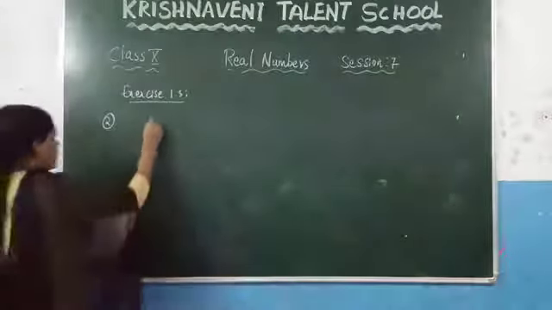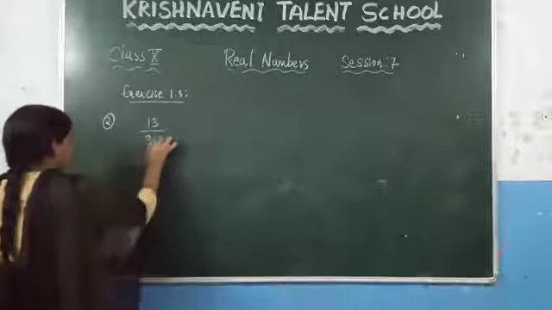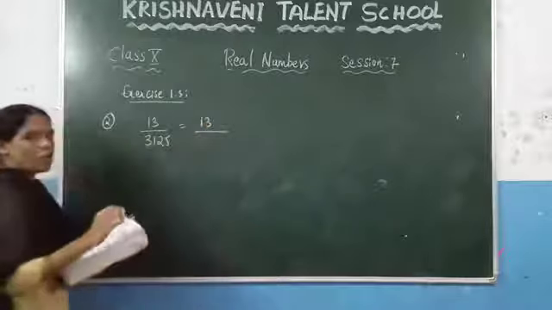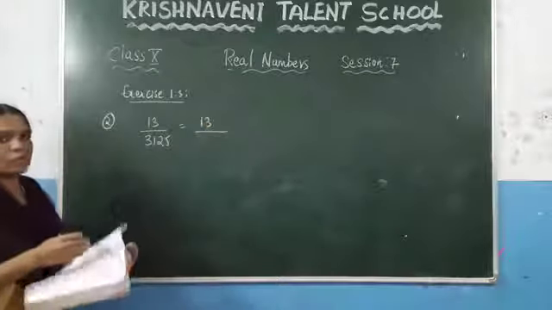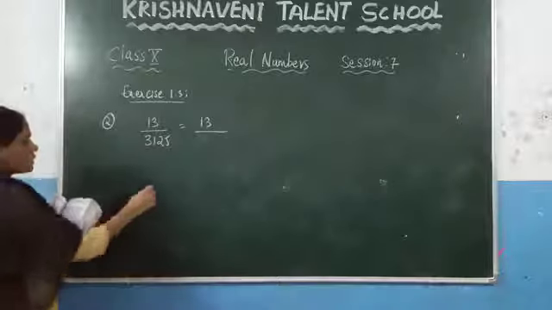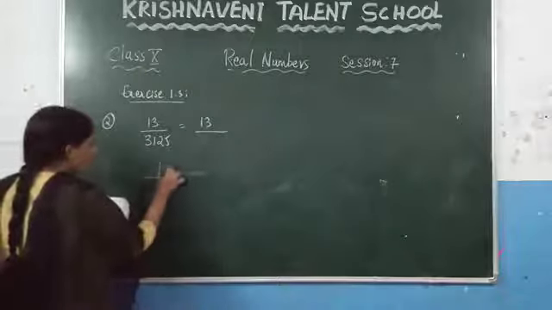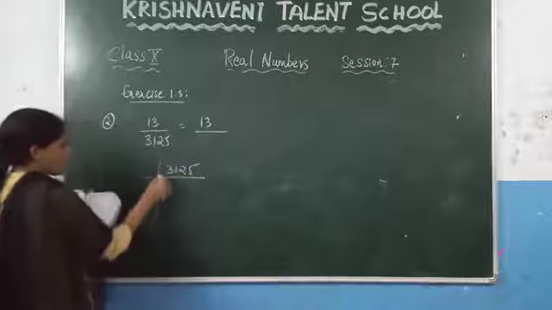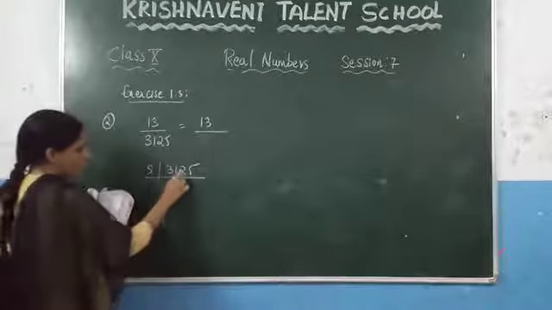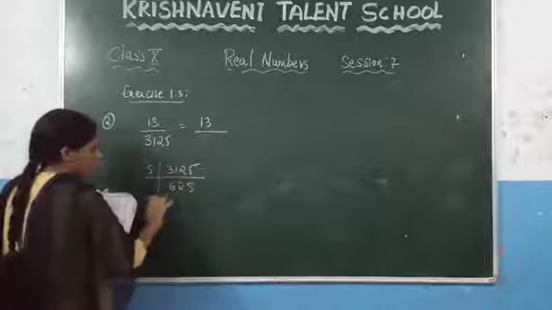See the first one, 13/3125. To say whether it is a terminating decimal or not, what we have to do is find the factorization of 3125. In which table will it get cancelled? The 5 table. 5 sixes are 30, so 1 will remain. 5 twos are 10 and 25.